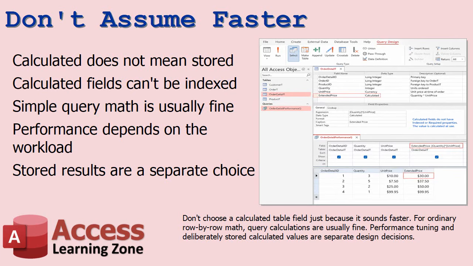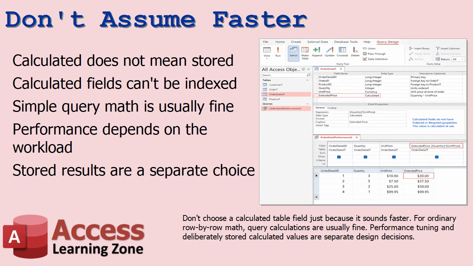In that case, you're saying, I want to calculate this value and save it, right? You're not saying, I want an Access calculated data type. So don't confuse those two tools. They solve different problems. A calculated table field shouldn't be treated as a performance feature. For simple calculations like quantity times unit price, I'd use a query. A query provides the same result while keeping the calculation separate from the table.